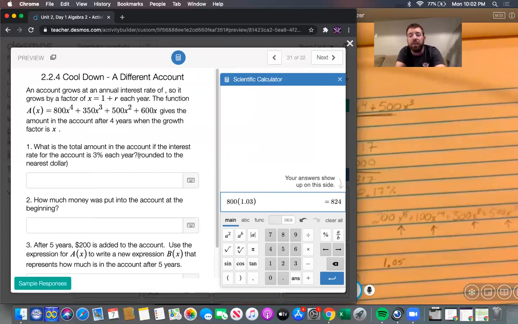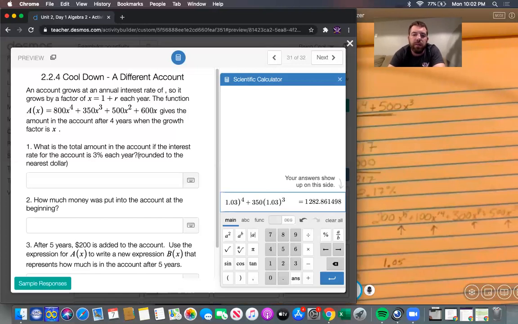Again, 3% as a decimal is 0.03. We're adding it to 1 to get 1.03. Raise it to 4 plus 350. I'm sorry, don't raise it yet. That'd be incorrect. Take that 1.03 in parentheses, raise that to the cubed.